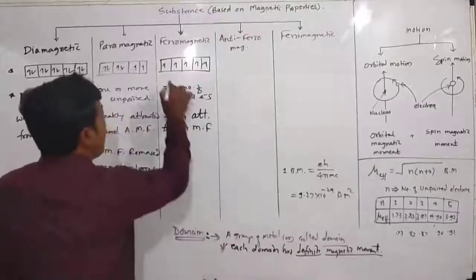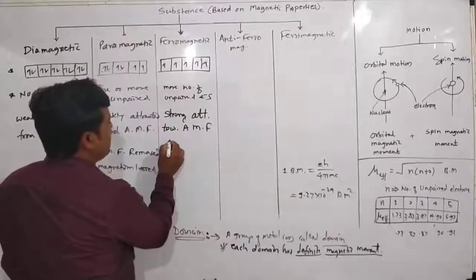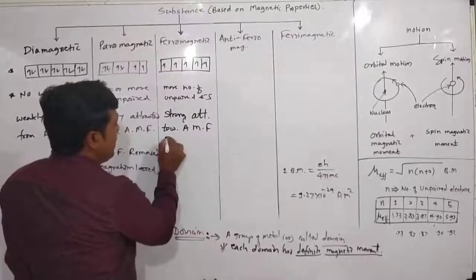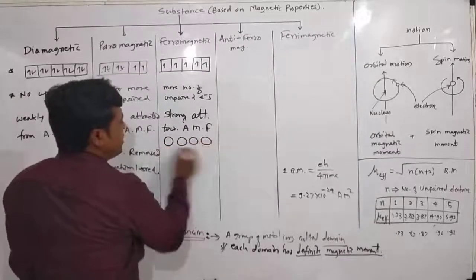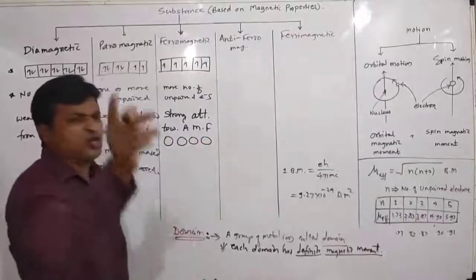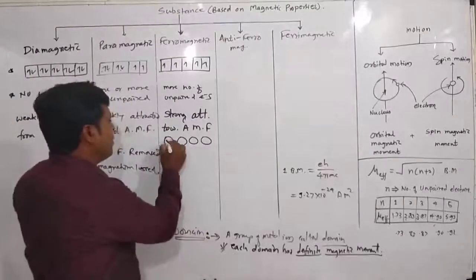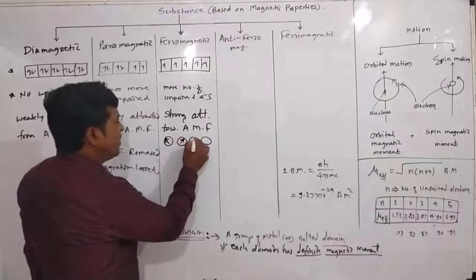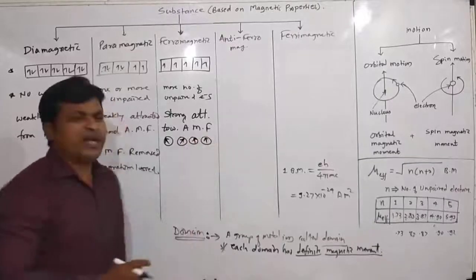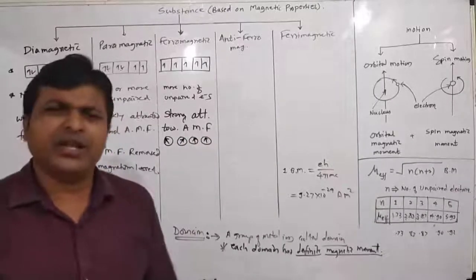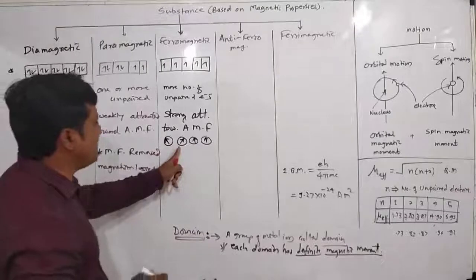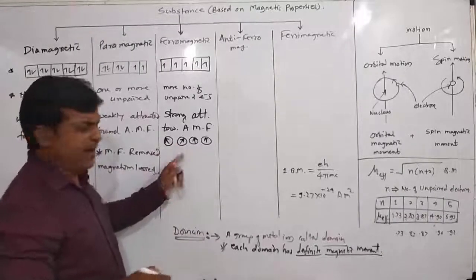Under an applied field, what will happen? In a crystal there are a large number of domains and each domain has a definite magnetic moment. In the absence of a magnetic field, domains are randomly arranged.